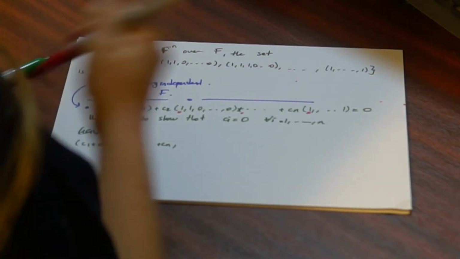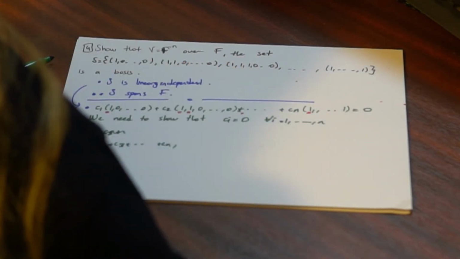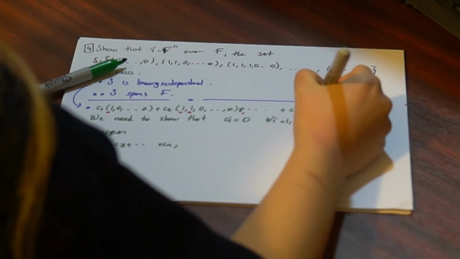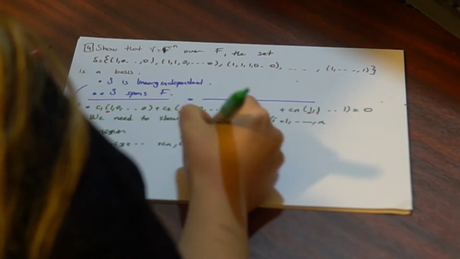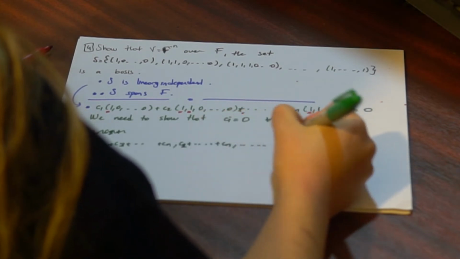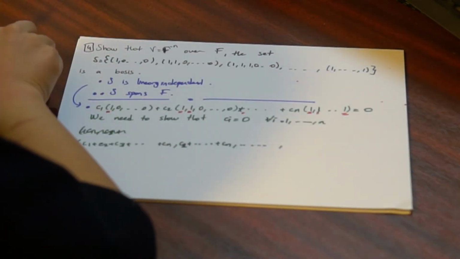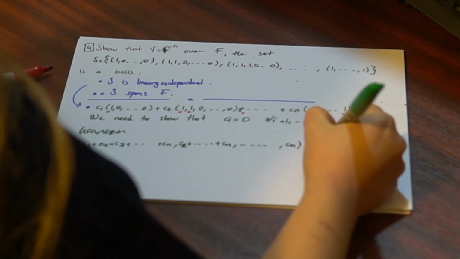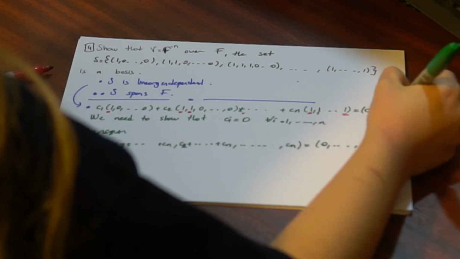At the second one we don't have the C1, so we will start with C2 till Cn. It will go like this, and at the last one we will only have Cn. And this is equal to 0, 0, 0.